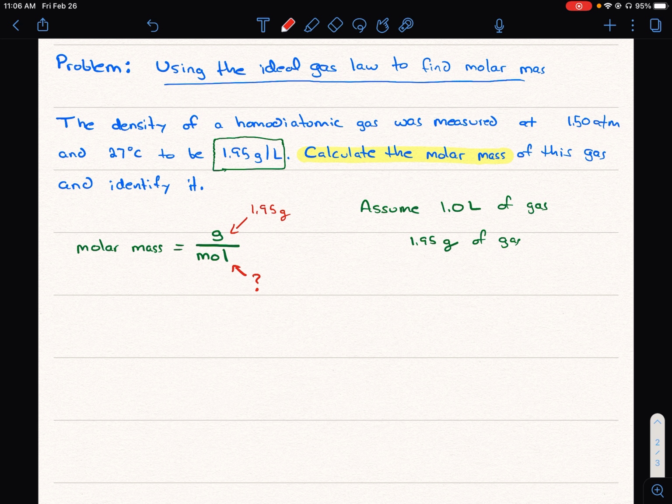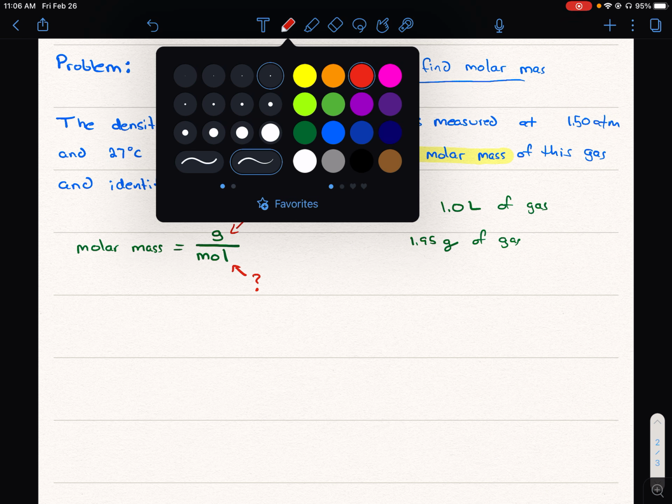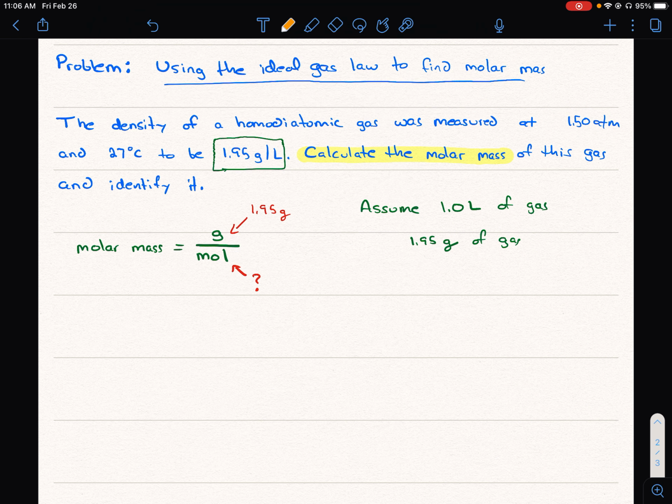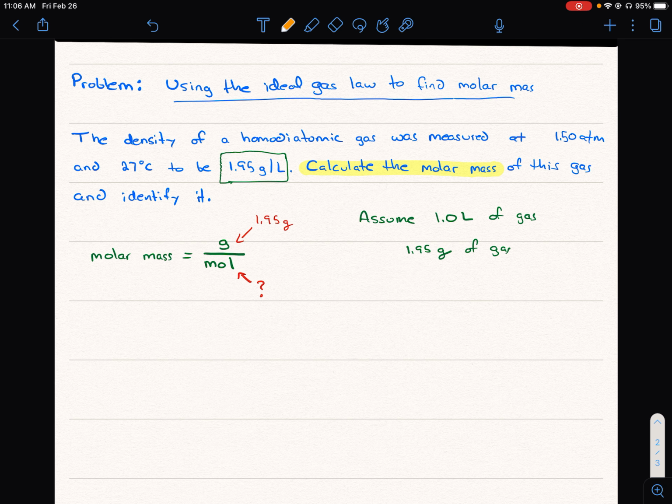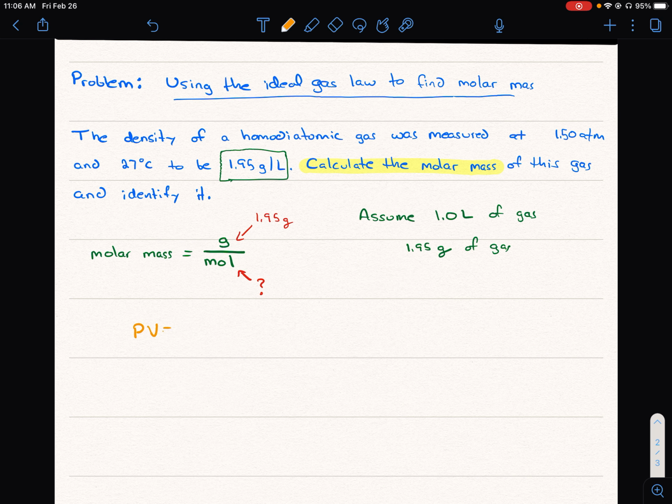So we're given a pressure, a temperature, and now we have a volume, and we have to find moles. And so what we're going to have to do is use the good old ideal gas law, PV equals nRT. We're going to rearrange it for moles. n is equal to PV over RT.